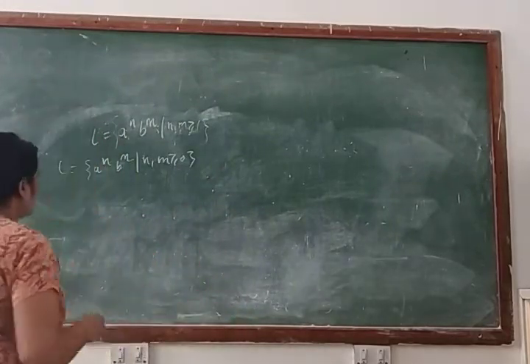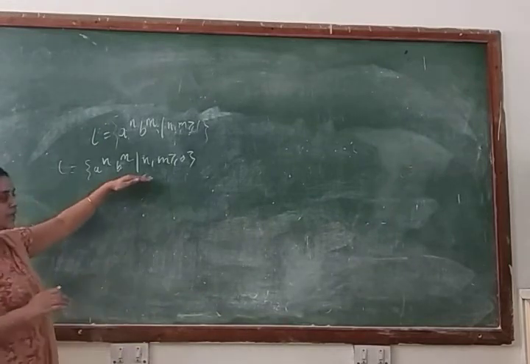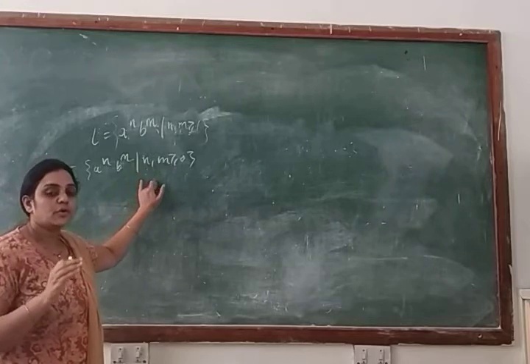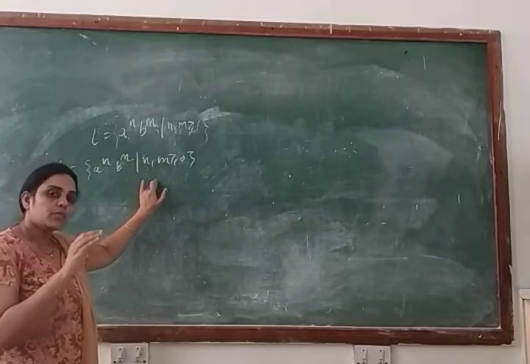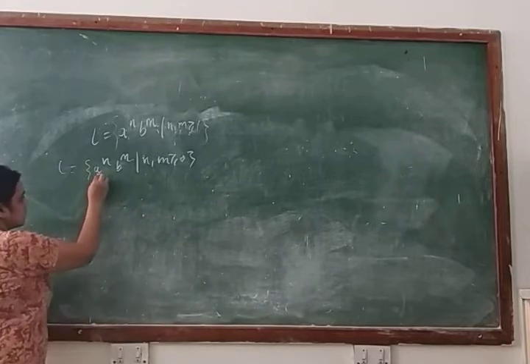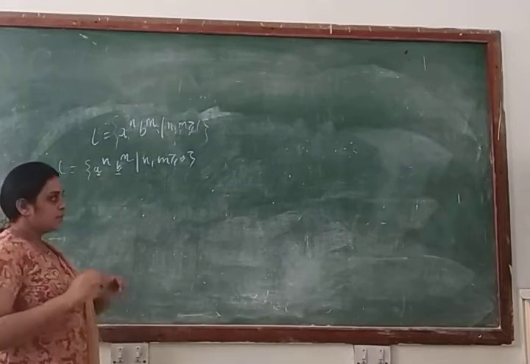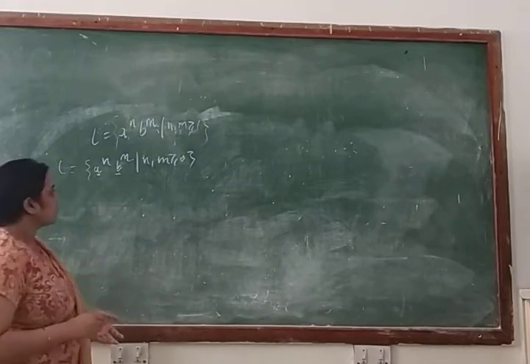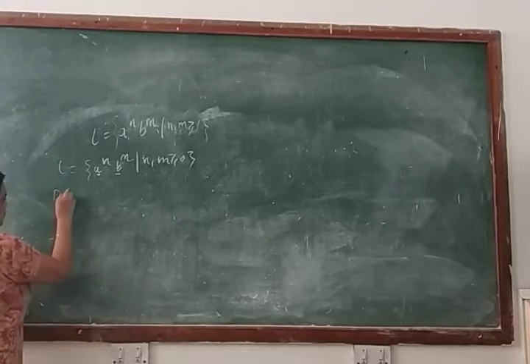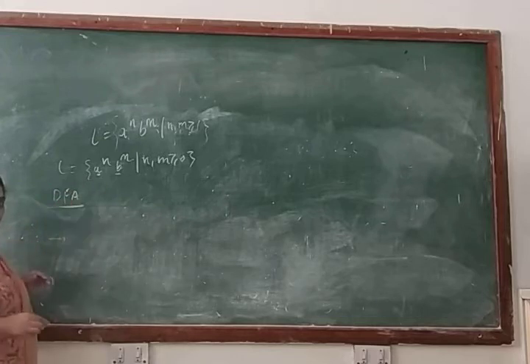Clear? So what will be our first step for making a machine for that language? Our first step is making the smallest length string. How will you make the smallest length string? You have two alphabets in your language, small a and small b. But before making the machine, we have to write down the tuples for DFA.